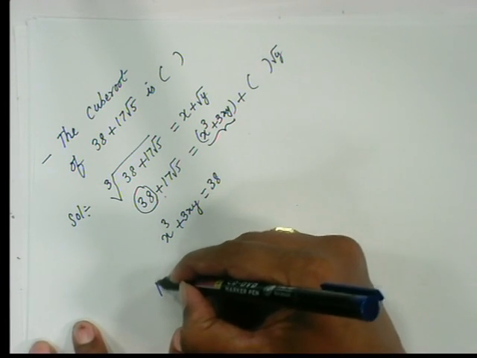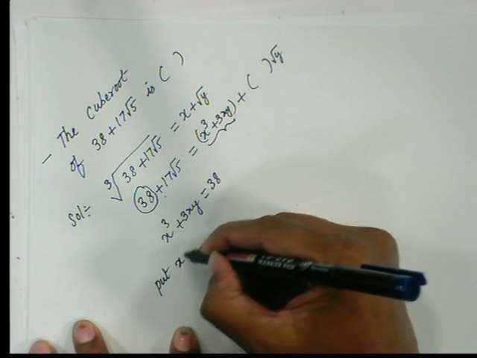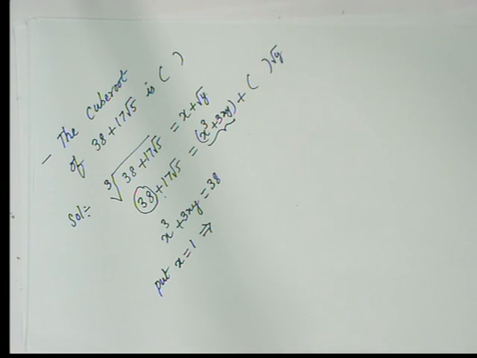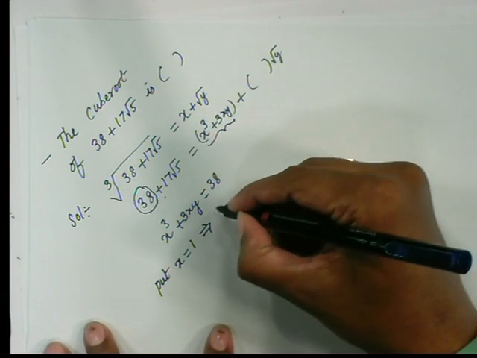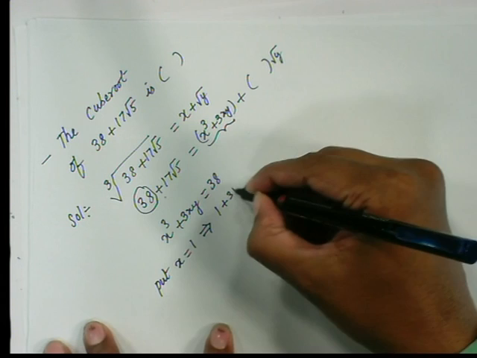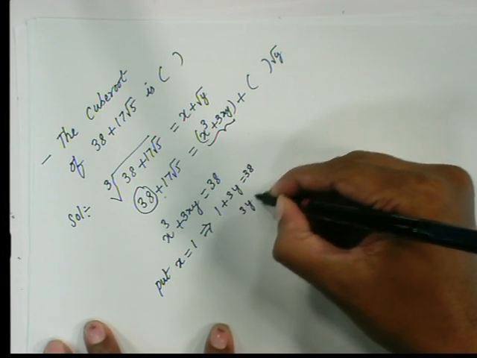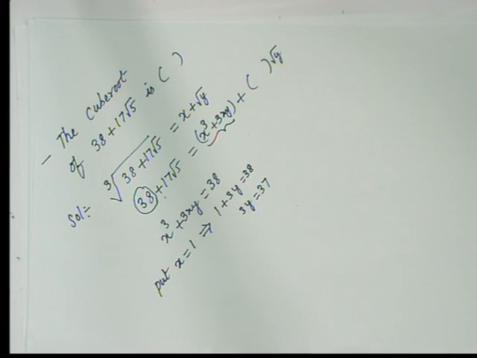First, trial and error: put x is equal to 1. Let us see what we get. Here we get 1 plus 3y is equal to 38. 3y is equal to 37. 37 is not actually a multiple of 3. Am I correct?